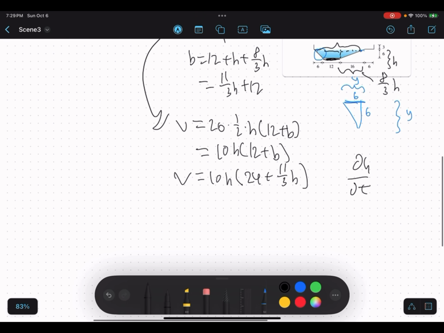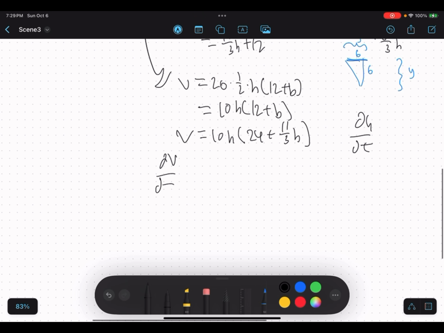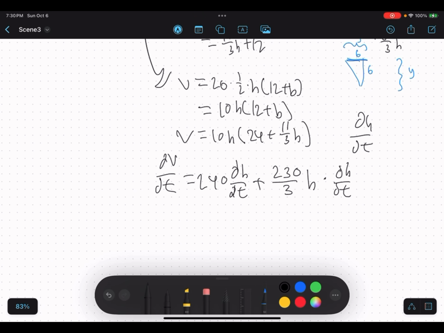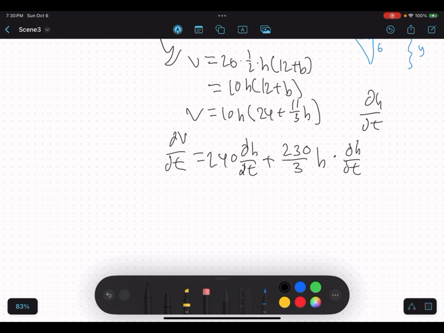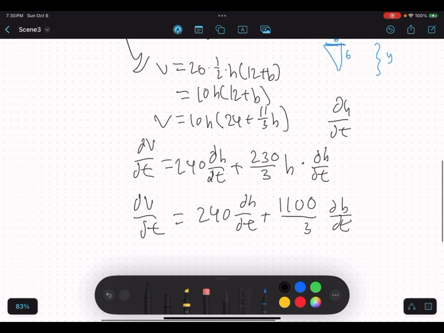So let's take the derivative of both sides. Right, we know this because we know what h is.